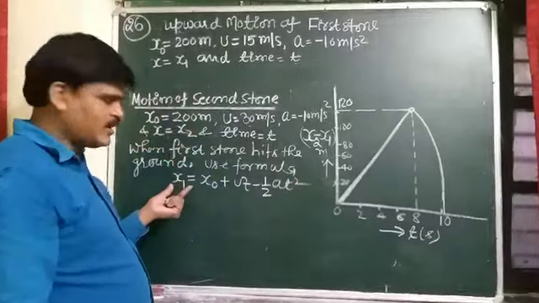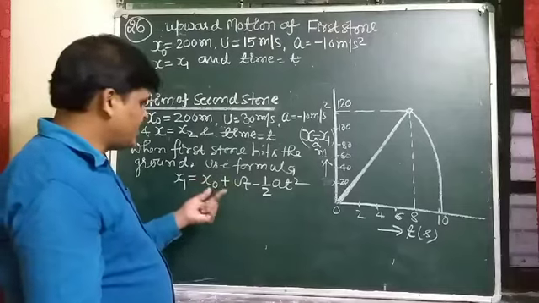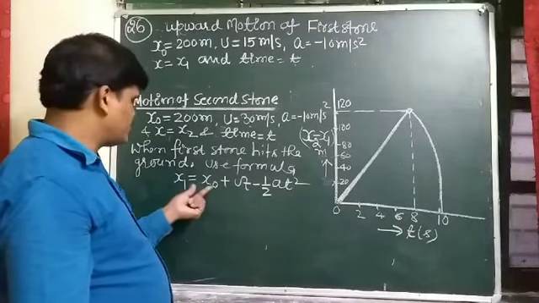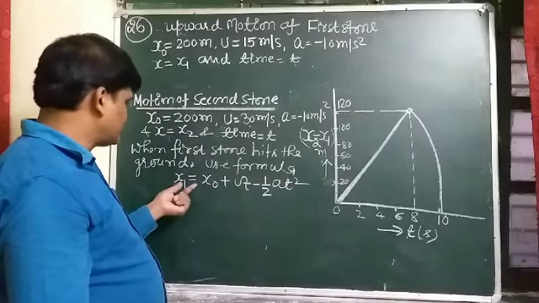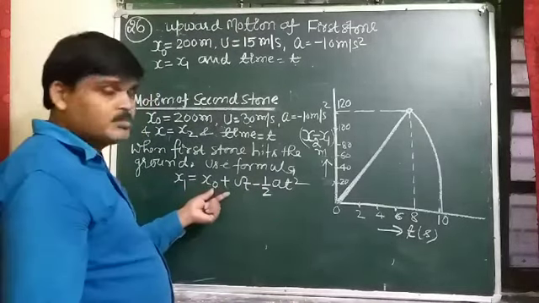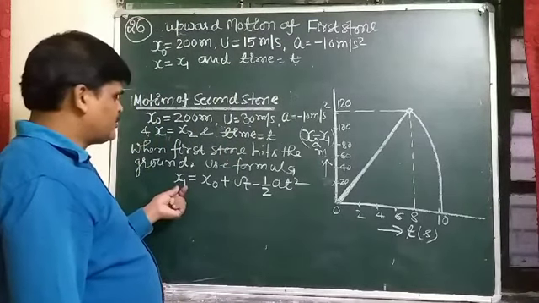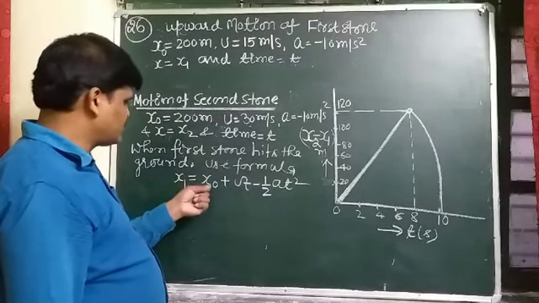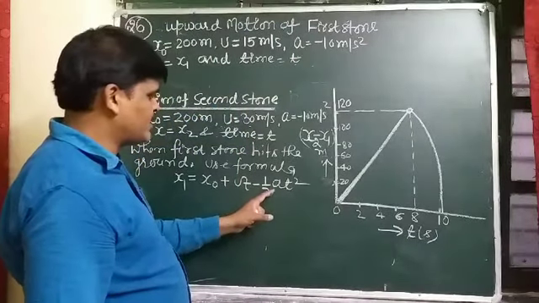The position of the object after time t can be written as x1 equals x0 plus ut plus half at square, but here the stone is thrown in the upward direction, so the formula comes out to be x1 equals x0 plus ut minus half at square.